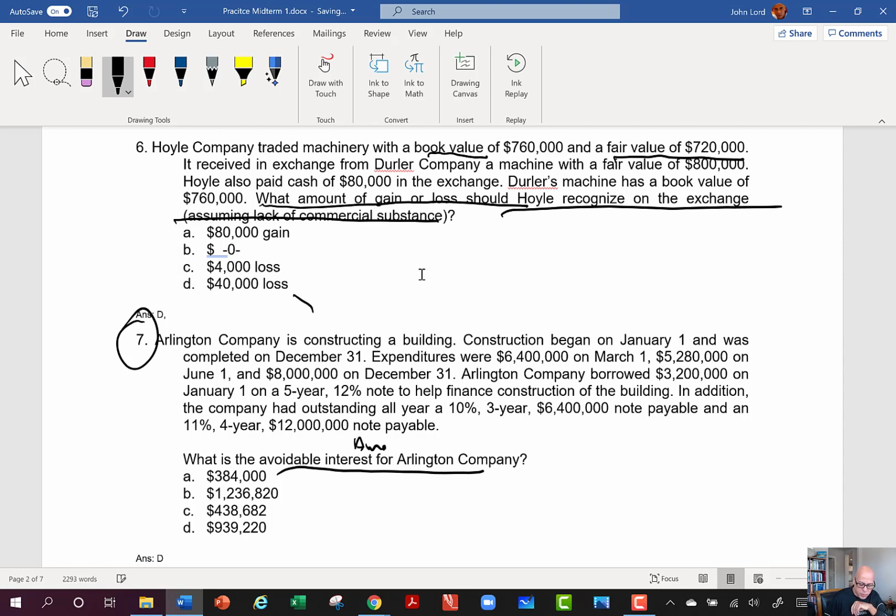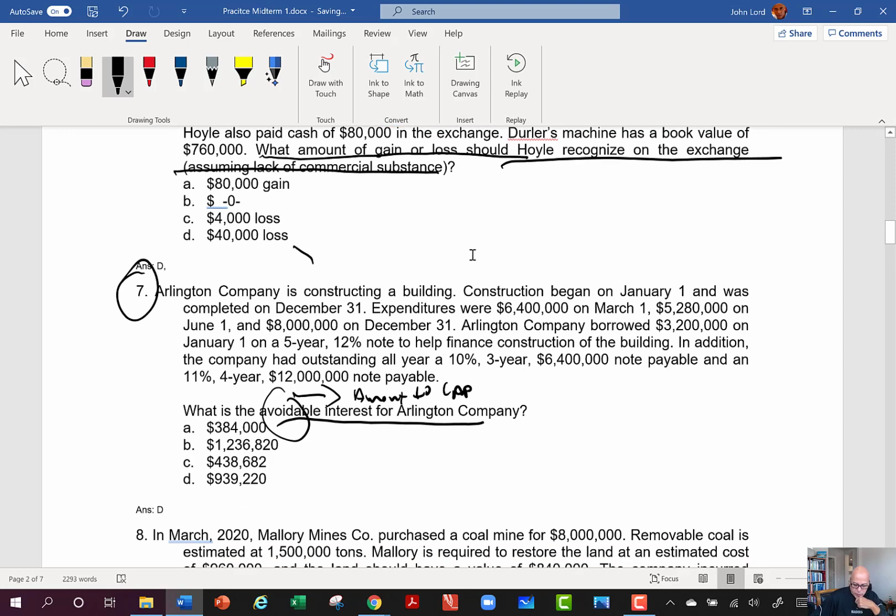The amount to capitalize is what we mean by avoidable interest. I'm going to use all this room up here, guys, and I will post this marked-up version, assuming Word allows me to, but I'm going to be writing all over this thing. Let me clear up some space here so I can show you the steps. Like I said, it's not difficult, but there are some things you have to do.